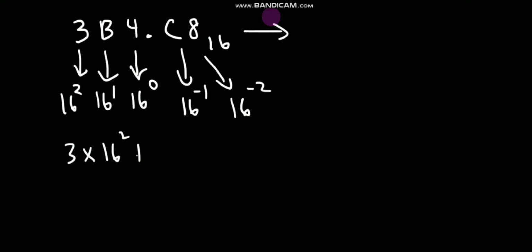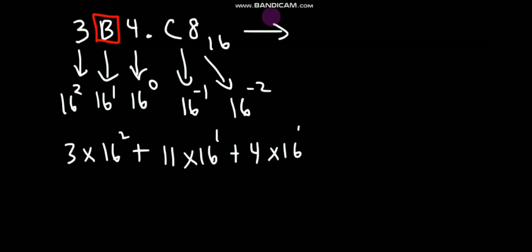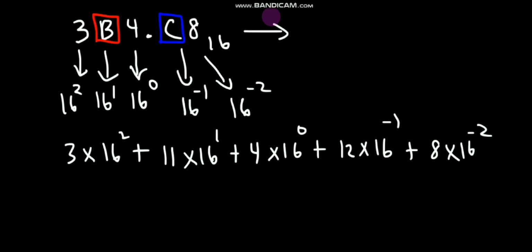So 3 into 16 to the power 2, B whose value is 11 into 16 to the power 1, plus 4 into 16 to the power 0, plus now we will take care of C's value, which is 12, into 16 to the power minus 1, plus 8 into 16 to the power minus 2.